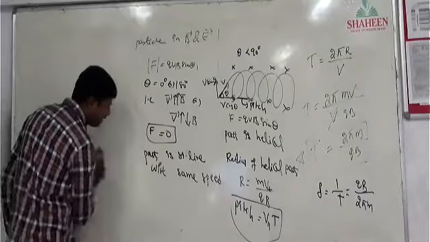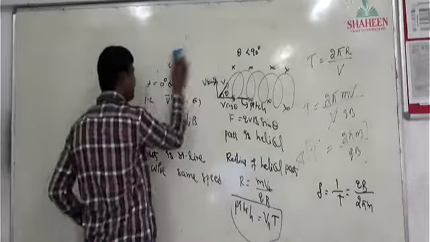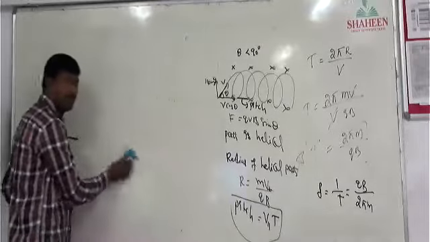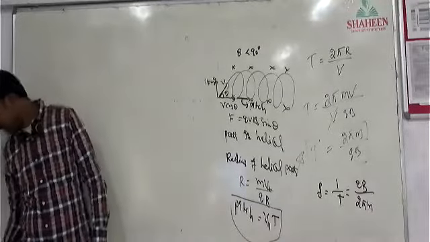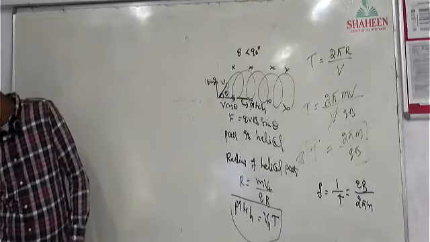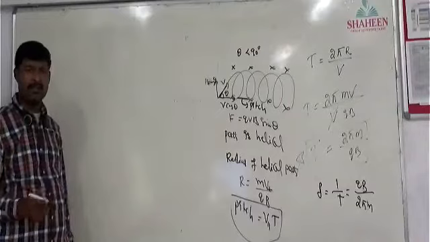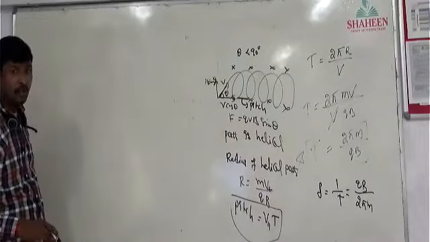Now if combined electric as well as magnetic field is there, what will happen? If only a magnetic field is there, it is qvB sin theta. If an electric field is also there, qE.